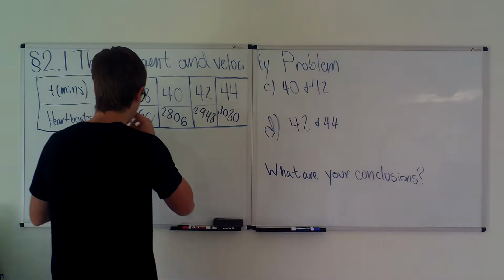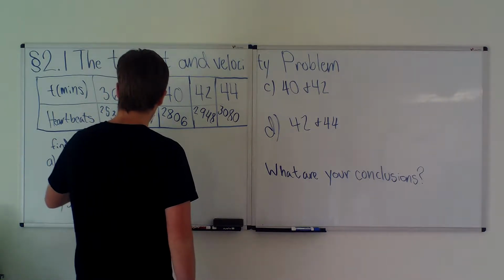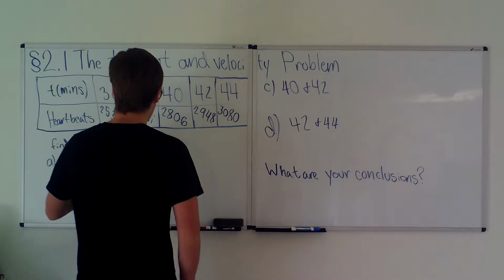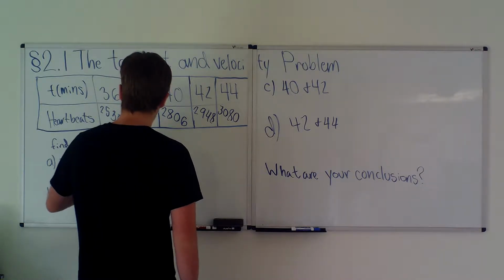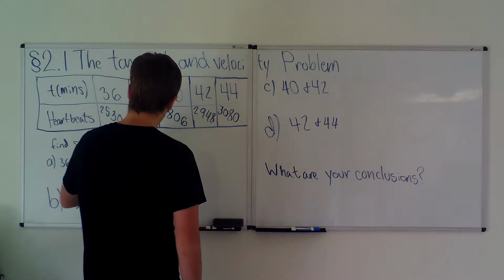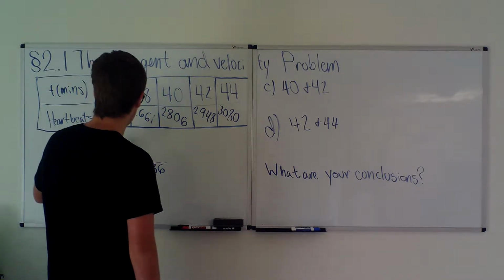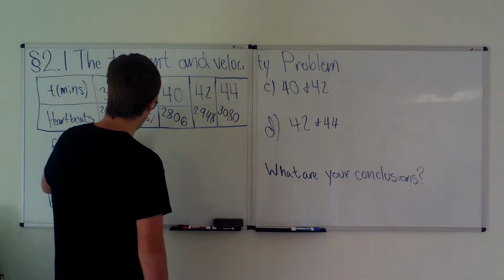So, first one, you get your slope. m is equal to (2948 minus 2530) over (42 minus 36), right?